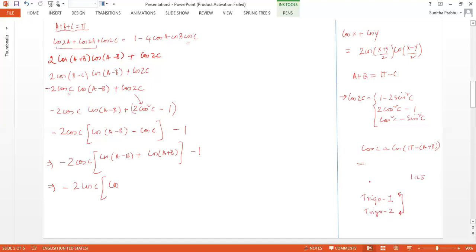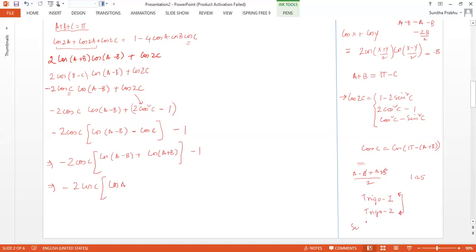So I will have (A minus B) plus (A plus B), and A gets 2, so I get cos 2A by 2, which is cos A, and then (A minus B) minus (A plus B). That means I'll get minus 2B by 2, minus B. Correct?